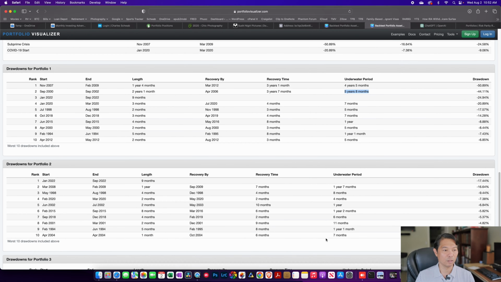If we scroll down to portfolio 2, this is the drawdown for portfolio 2, the Golden Butterfly. You can see that even at the worst, you're underwater for just less than 2 years. That's significantly better than being underwater for almost 5 years. This happens to be the same time period.